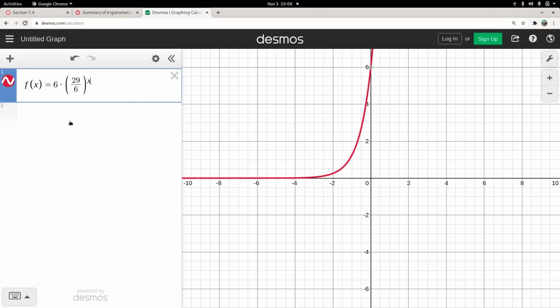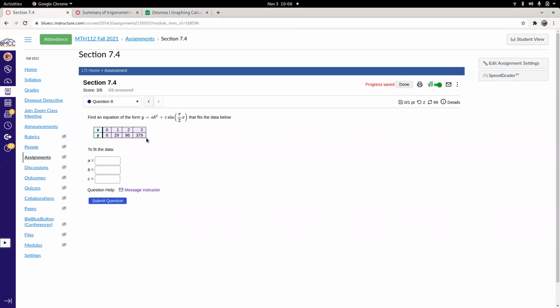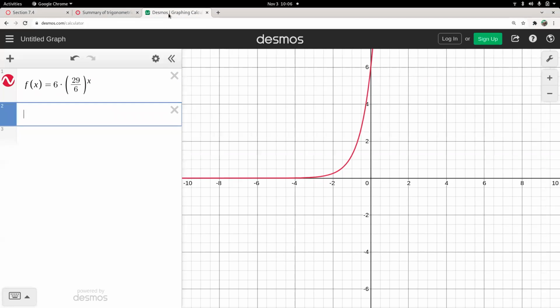So there's my exponential. And then I want to check to see if I get these other points there. So 2, 96. So what is f of 2? It is not. Okay, so I made a bad assumption.